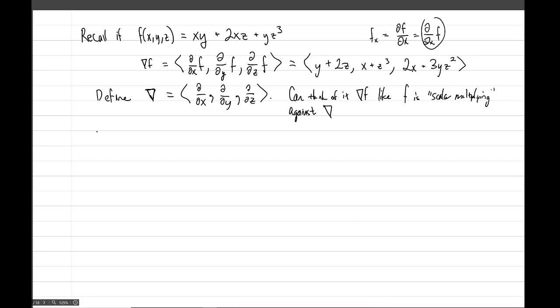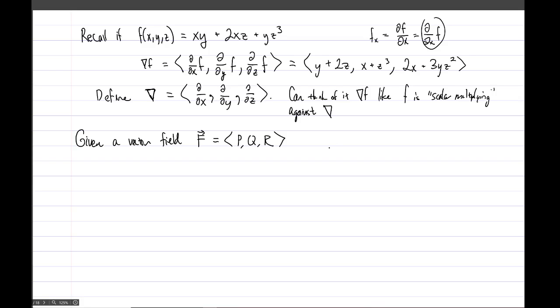So, given a vector field, we'll call that vector field capital F. We'll leave out for now the x, y, z; that will be assumed or understood. It equals angle bracket capital P, comma, capital Q, capital R. Same deal, we'll leave out the of x, y, z.